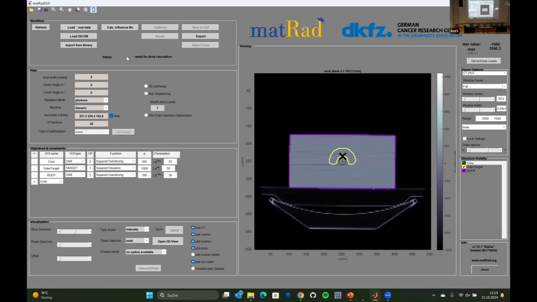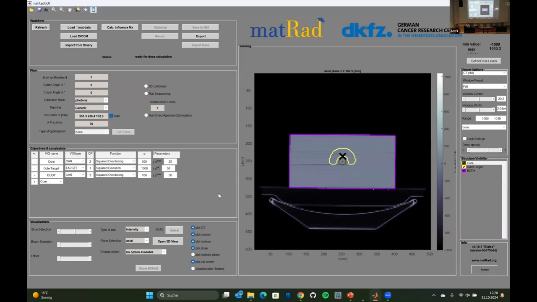By standard, matRad will give you a gantry angle and a couch angle. If you have an educational version of matRad, the couch angle might be grayed out because couches are a little bit difficult sometimes to think about. If both angles combine, it gets a little bit weird if you don't have more sophisticated views to look at.